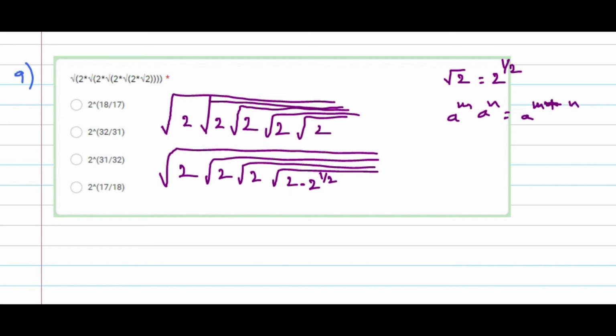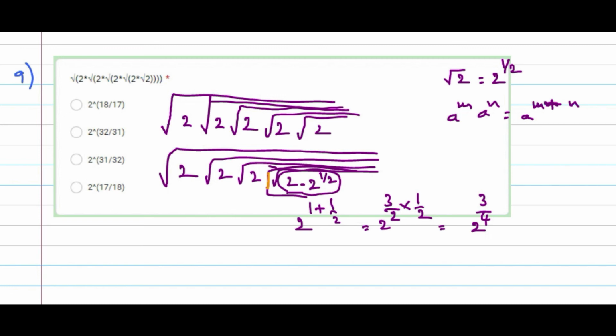So now what will happen? The power of this will be equal to 2 into 1 plus 1 by 2, that is equal to 2 into 3 by 2 up to this power, and there is a square root also, so it will be into 1 by 2, so is equal to 2 power 3 by 4. So up to this part it is 2 power 3 by 4.